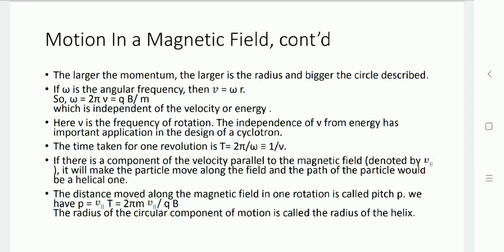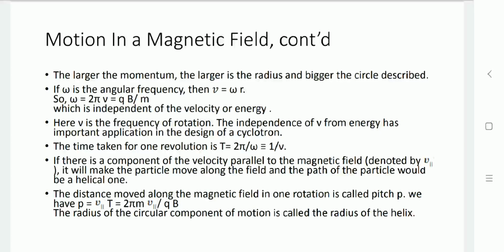So here we can say that omega equals 2 pi nu, where nu is the frequency of rotation, equal to qB by m. Why? Because velocity equals omega into r.